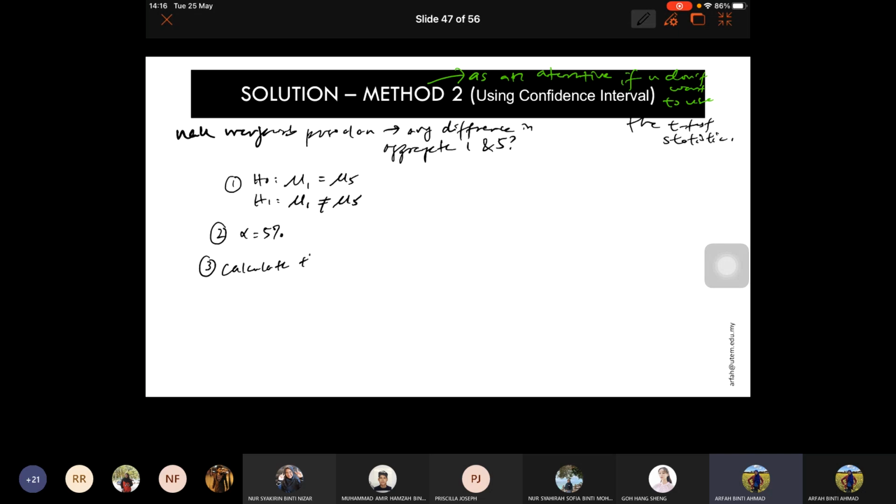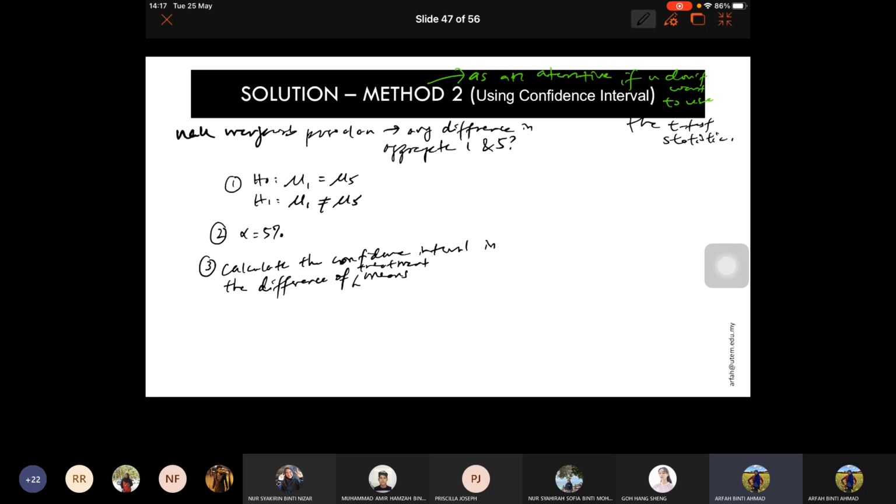Calculate the confidence interval in the difference of means, treatment means. Okay. Treatment means.